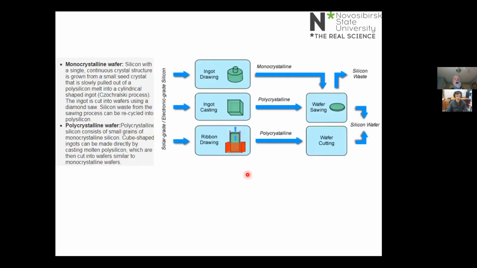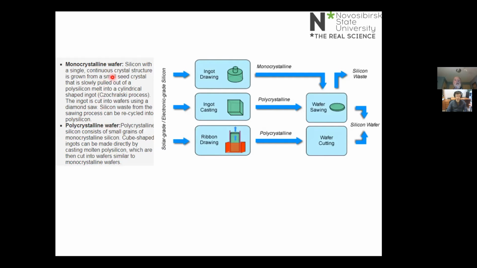Okay, so for the silicon process, there's basically two ways. Either a monocrystalline wafer is produced or a polycrystalline wafer. And a wafer, if you're not familiar with the term, just means a very thin sheet of silicon. So a thin sheet of silicon that will be about 10 centimeters by 10 centimeters, and that is going to be the basis of a PV cell.